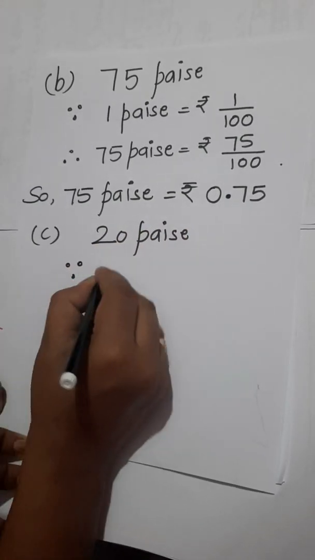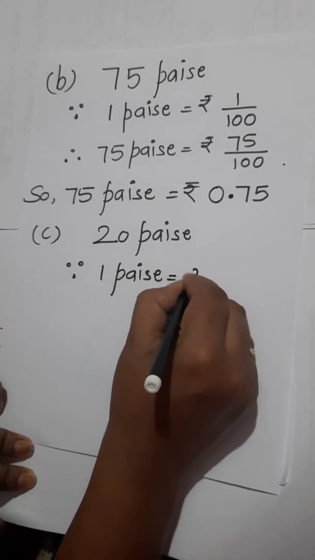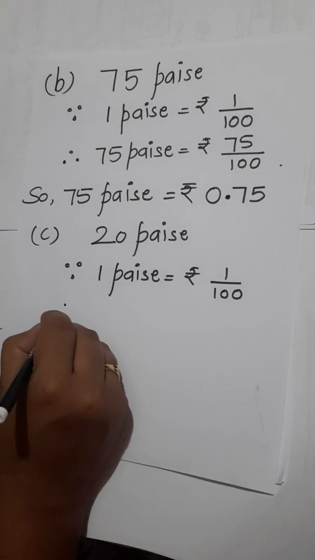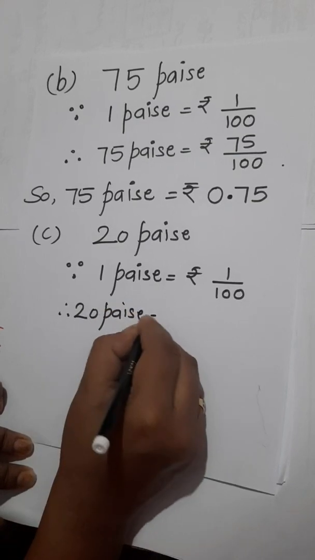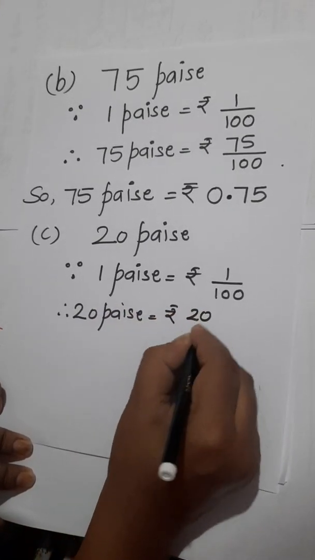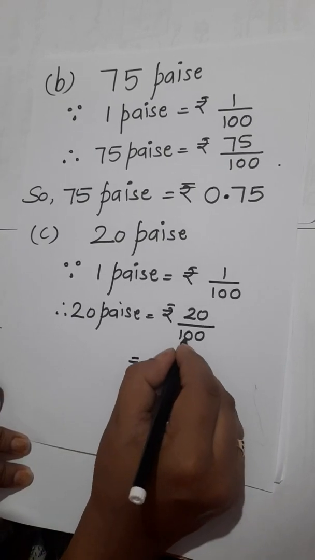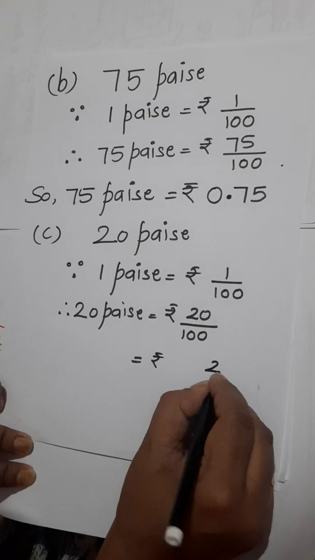Clear? Again I will write, since 1 paise is equals to 1 upon 100. Whenever you have to convert 20 paise, just divide the given number by 100. And here in this case there are 2 zeros in the denominator. So firstly write the numerator.